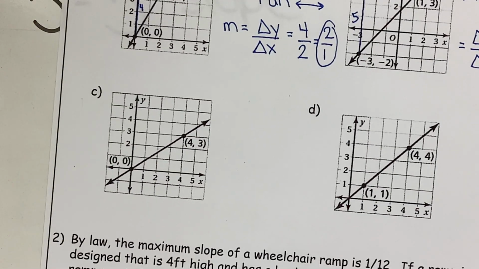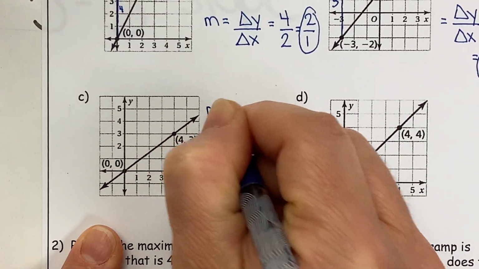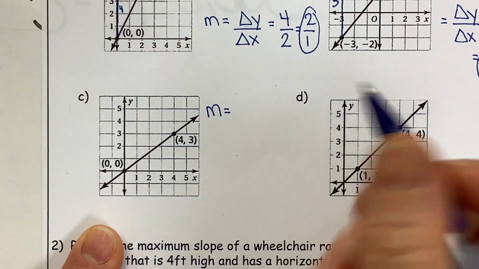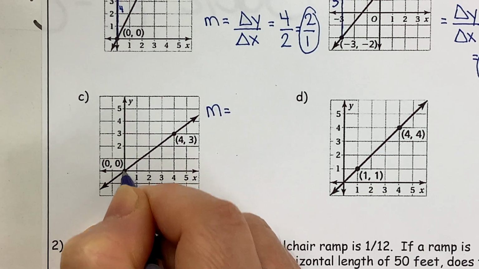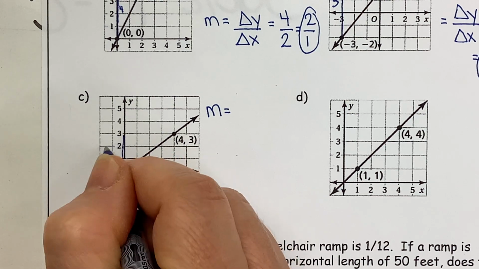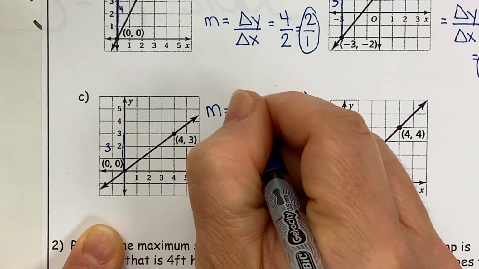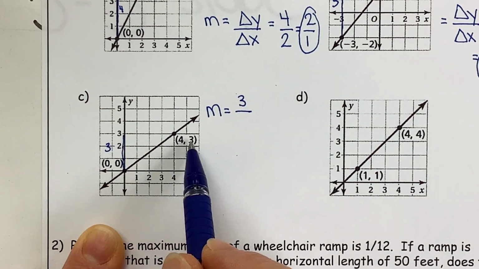All right, so let's look at letter C. So we're going to find our slope, which is m. That is our rise over our run. We're going to start from our point to the far left, and we're going to rise 1, 2, and 3. So our rise is 3. Our change in the y value, it went from a 0 to a 3.